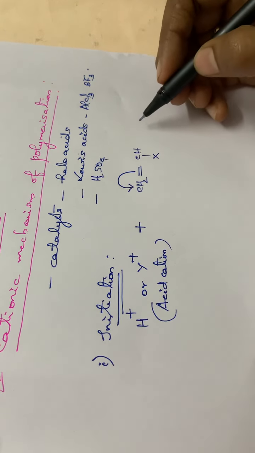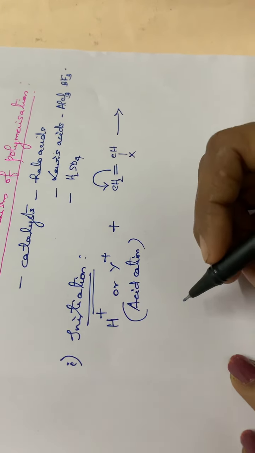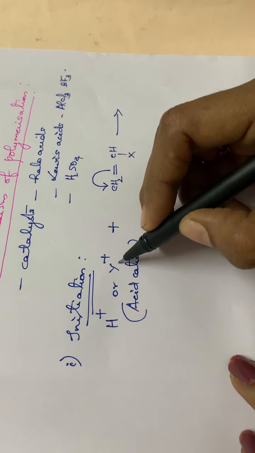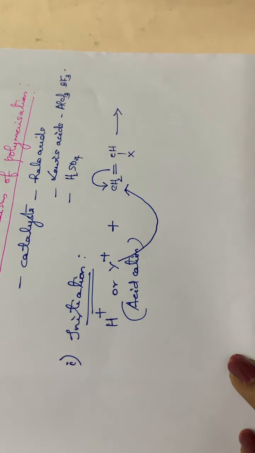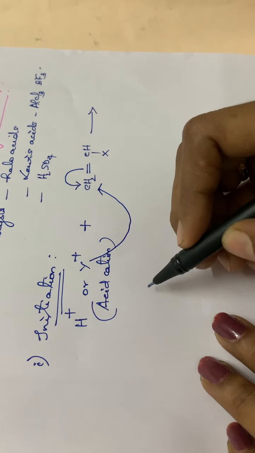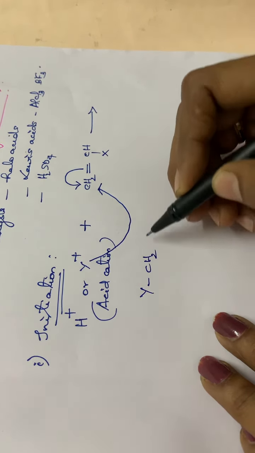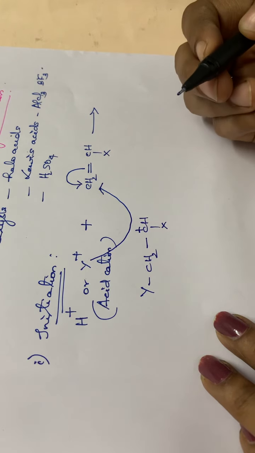Then Y plus will be attacking this negatively charged carbon atom. So we can write the reaction as Y single bond CH2, then single bond CHX, and this carbon will be having a positive charge.